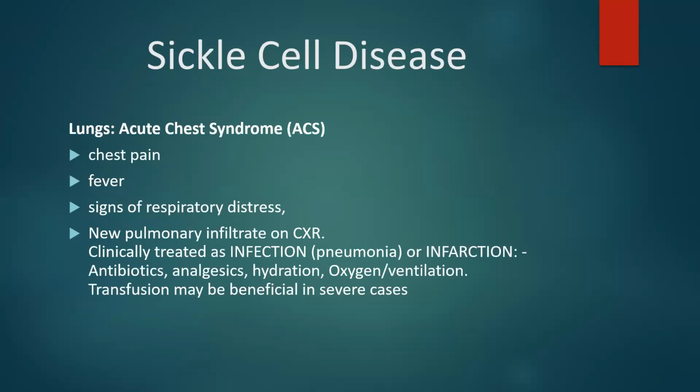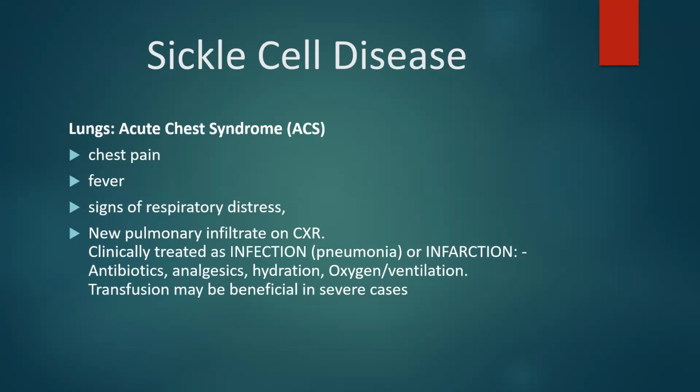Another crisis, which is one of the severest and one of the causes of death in patients with sickle cell disease, is the acute chest syndrome. In acute chest syndrome, the patient may complain of chest pain, fever, and there may be signs of respiratory distress. One of the things we'll see on the chest X-ray is new pulmonary infiltrates.